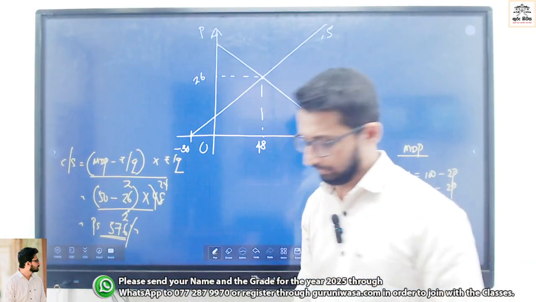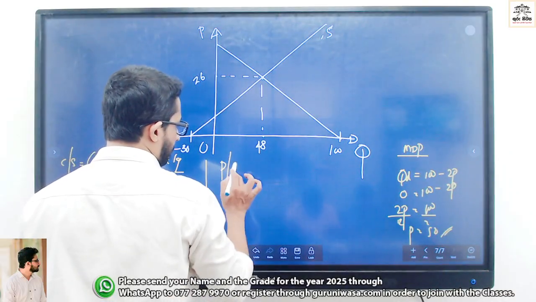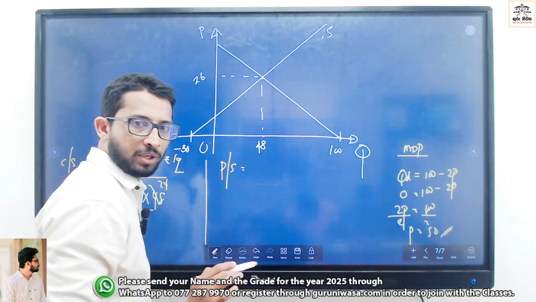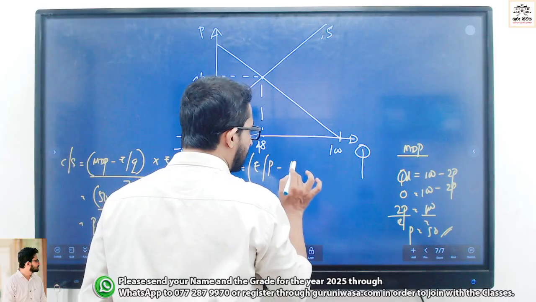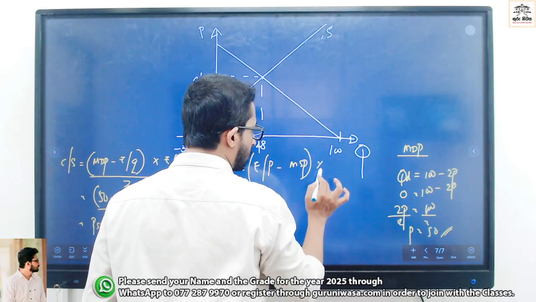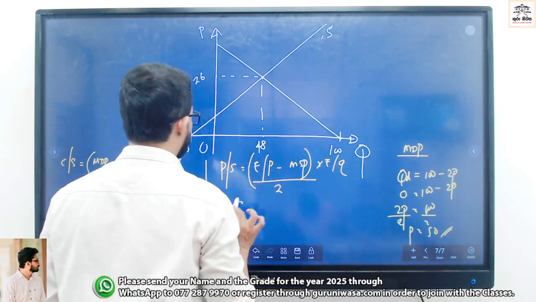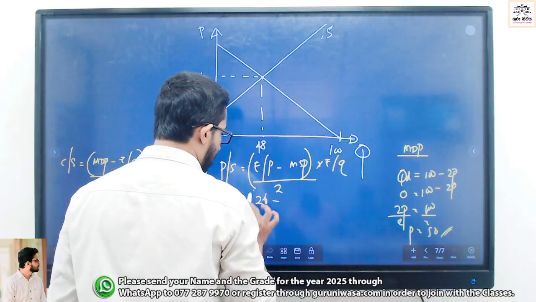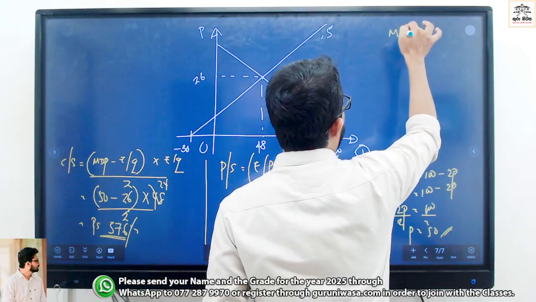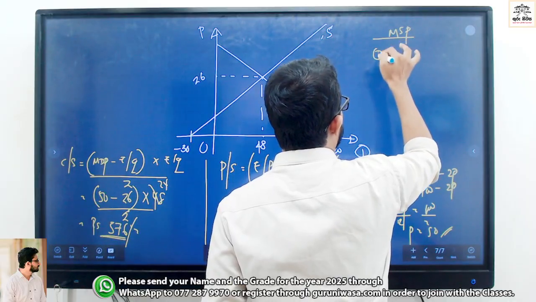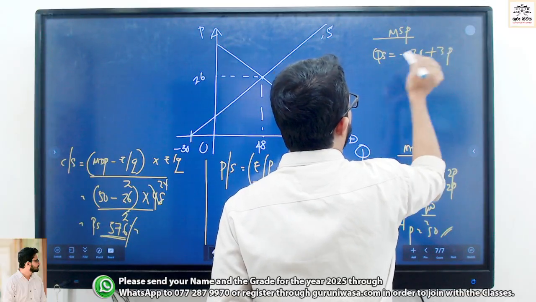Then producer surplus equals (equilibrium price minus minimum supply price) times equilibrium quantity divided by 2. Equilibrium price is 26, minus the minimum supply price, which you have to calculate. QS equals minus 30 plus 3P.